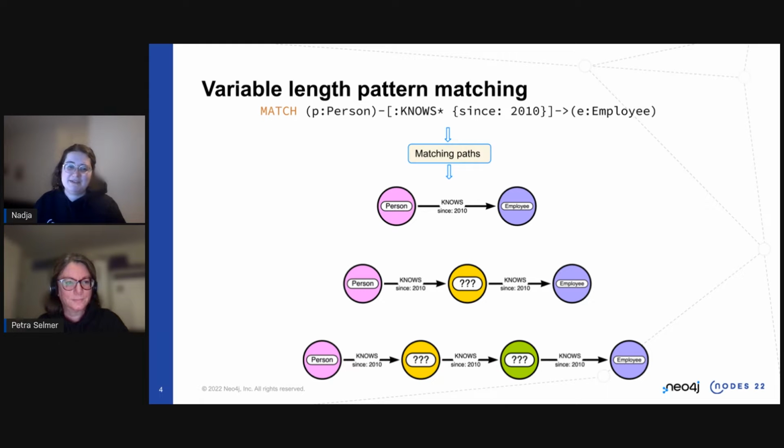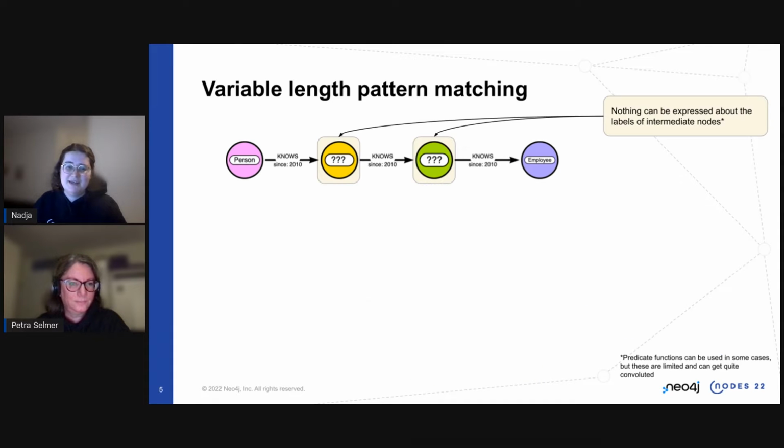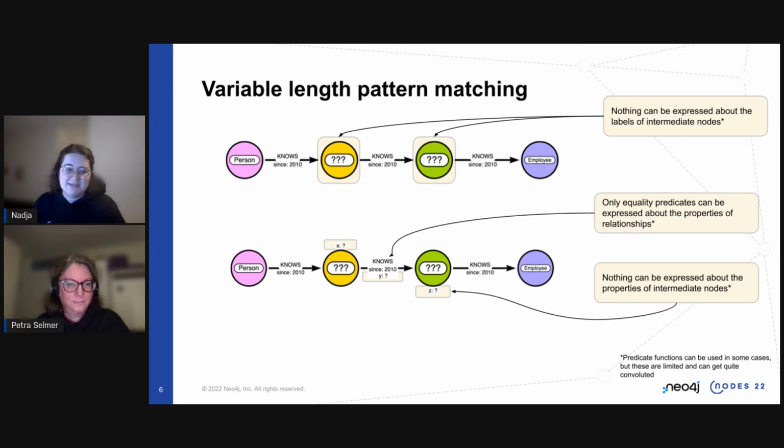There are a couple of things that we currently can't really express in Cypher. And one of those is what kind of labels you could have on those intermediate nodes. We can also not really express what kind of properties are on these intermediate nodes, or express properties which are not equality predicates.